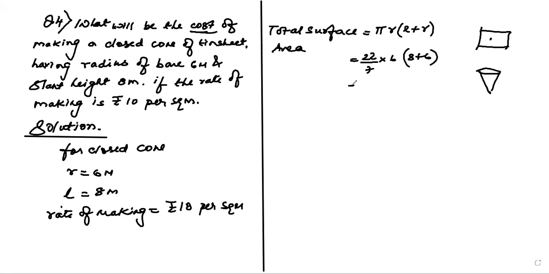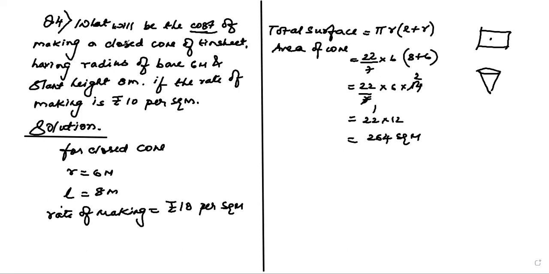So 22 upon 7 into 6 into 14. 7 twos are 14, so 22 into 12, that is nothing but 264 square meter. So the total surface area of the cone is 264 square meter.